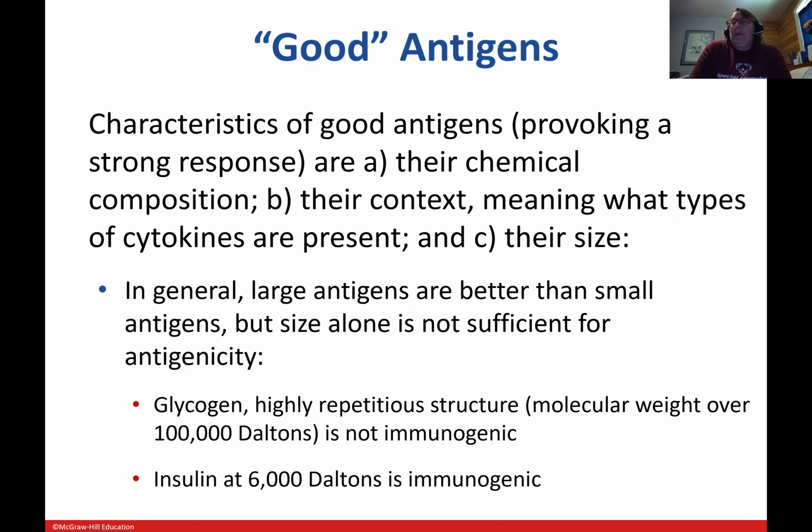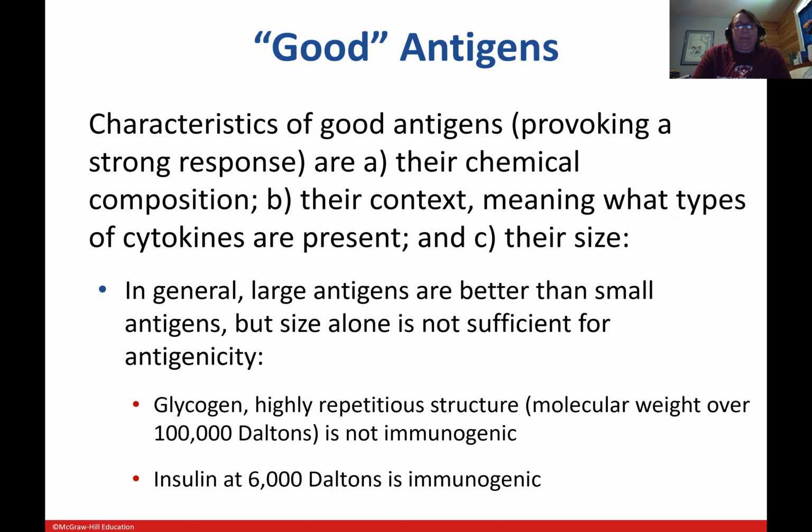If you have an antigen in addition to things like cytokines, which are specifically designed to wake up portions of the immune system, that's going to increase the immunogenicity of that particular antigen. And size actually plays a role. Things that are bigger tend to evoke a bigger immune response as well. Generally speaking, large antigens are better than small antigens, but that's not sufficient.